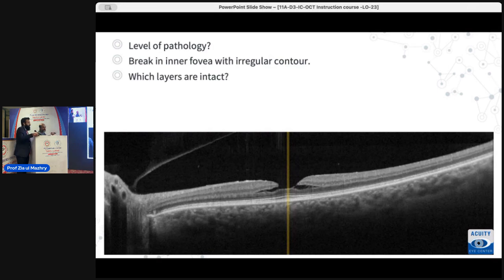ये जो डॉक्टर लाइबा ने पॉइंट किया था, ये उभार क्या है, ये कौन सी लेयर है?